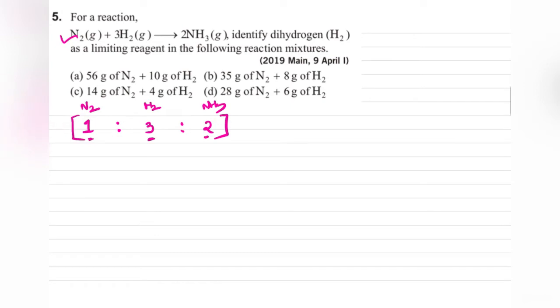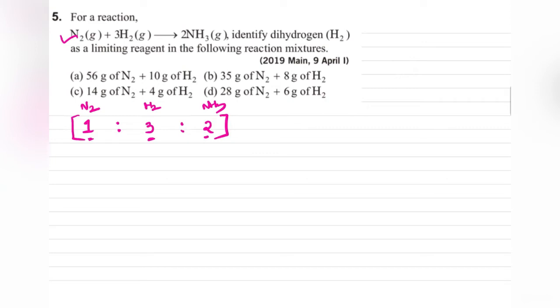Just we have to check whether the given masses, when converted into moles, are in the same ratio or not. If they are in the same ratio, we don't say that either of them acts like a limiting reagent. If any one of them is lesser than the simplest ratio, we should consider it as a limiting reagent, the one which gets finished first.